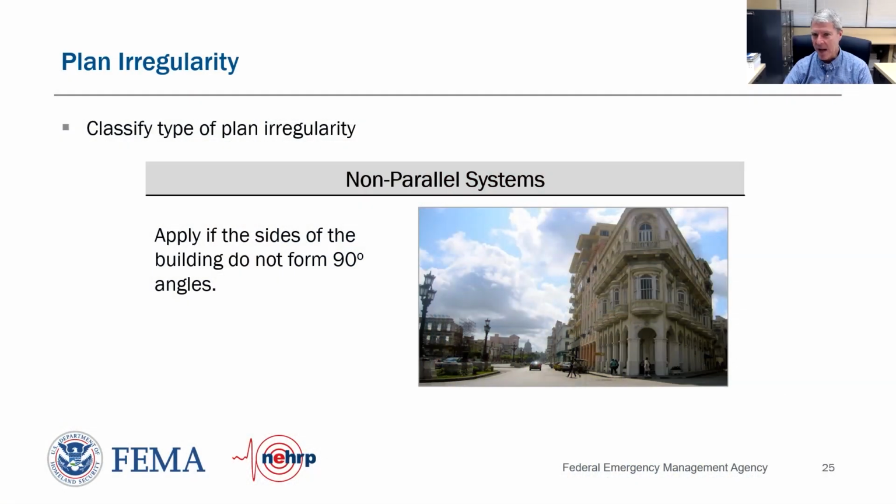But we can easily visually identify it. We can introduce some problems if it's not designed because of the non-parallel systems. Again, nature loves symmetry. Give me a box or rectangle, it's perfect. But in non-parallel systems, we've got to introduce a little bit more torsional irregularity to the building, and it's got to be designed for it. So this is non-parallel systems.